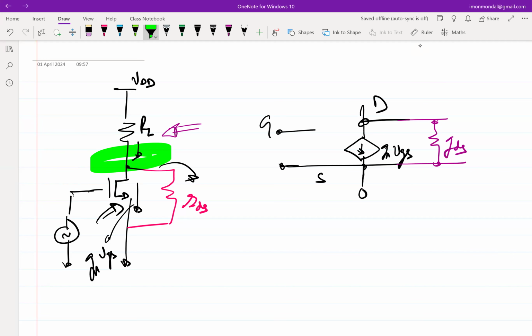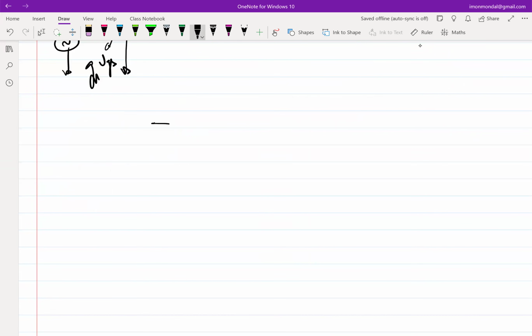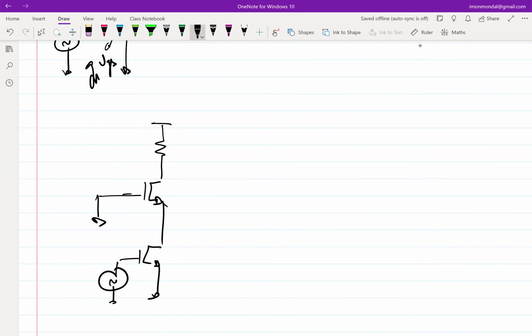And for that, we used one of the CCCS configurations, which was also a common gate configuration, right? So this is where we were. Again, in the incremental sense, this doesn't matter.